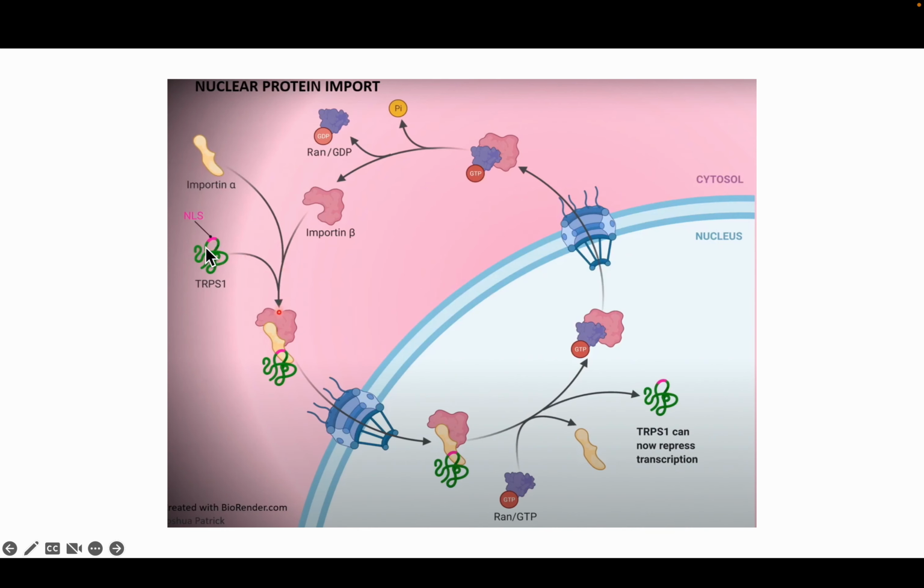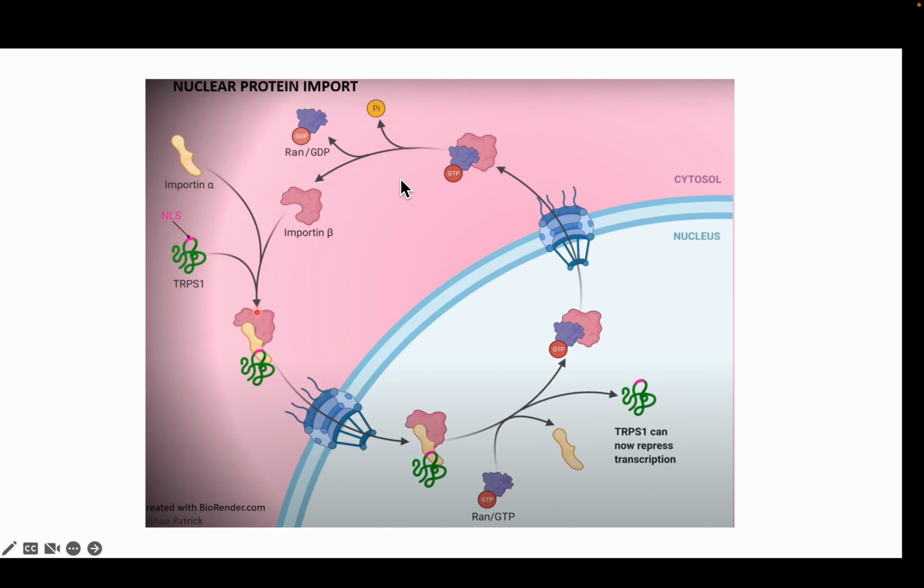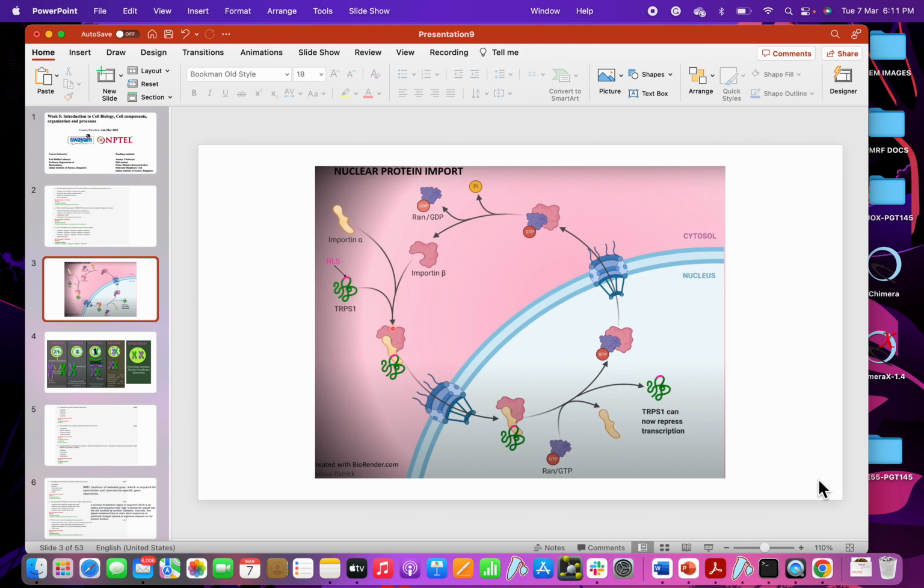Along with that, importin alpha and importin beta will help by binding with this protein. But for that, you should have a differential equilibration of Ran GDP and Ran GTP in the cytoplasm and nucleus, so that it can phosphorylate and dephosphorylate accordingly.